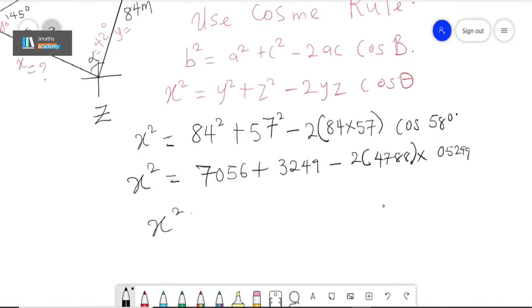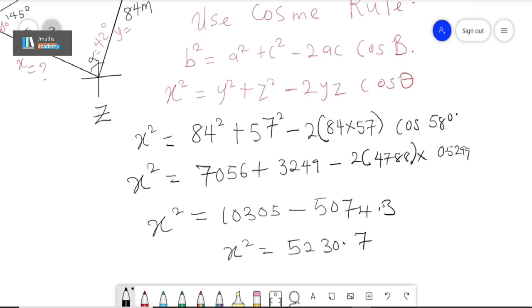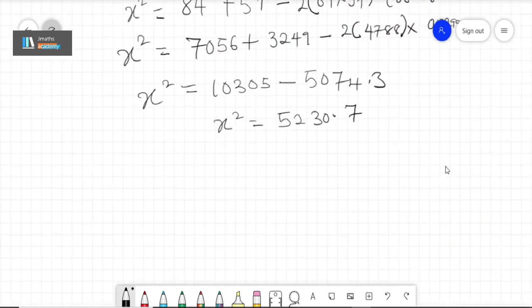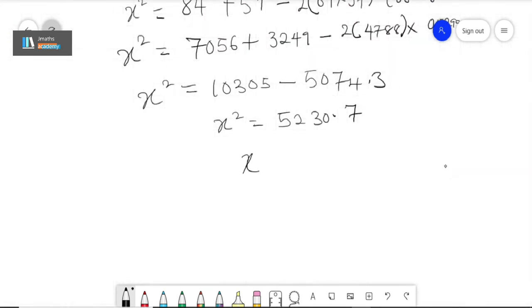So we have our x squared to be equal to 5230.7. When you use your calculator, please use your calculator to cross-check.